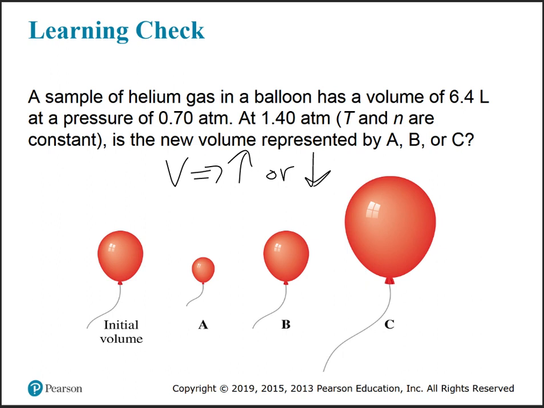Right. It has to decrease. So that means if we were doing this, it would be A. That would represent the new volume. So be able to do the math and be able to do the reasoning.